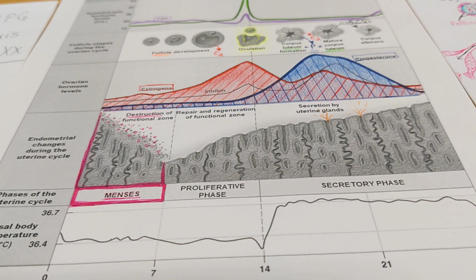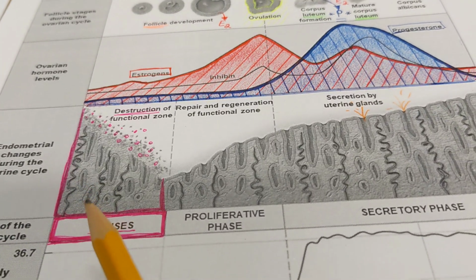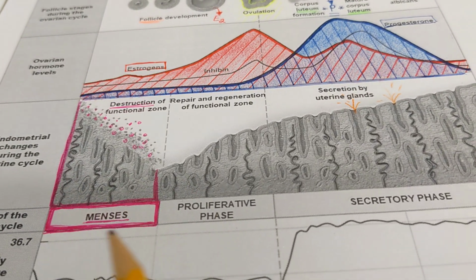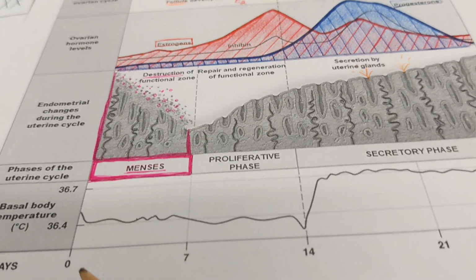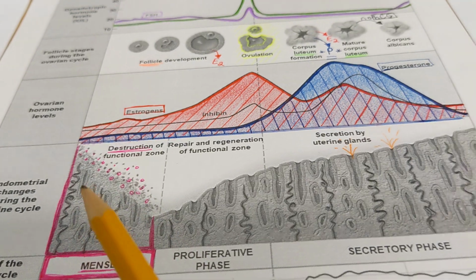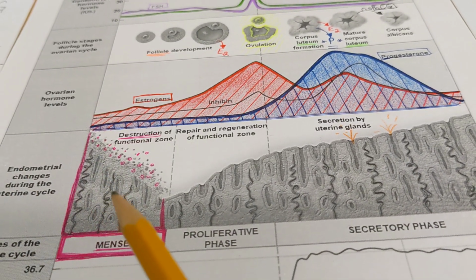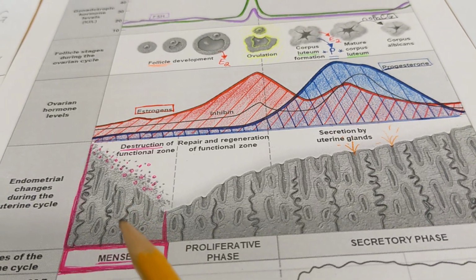Day 0, or the beginning of the cycle, is actually the end of the last cycle. So here we can see menses, or menstruation, is at day 0, the beginning of this particular cycle. In this part of the graph, we see the changes in the endometrium, or the lining of the uterus.